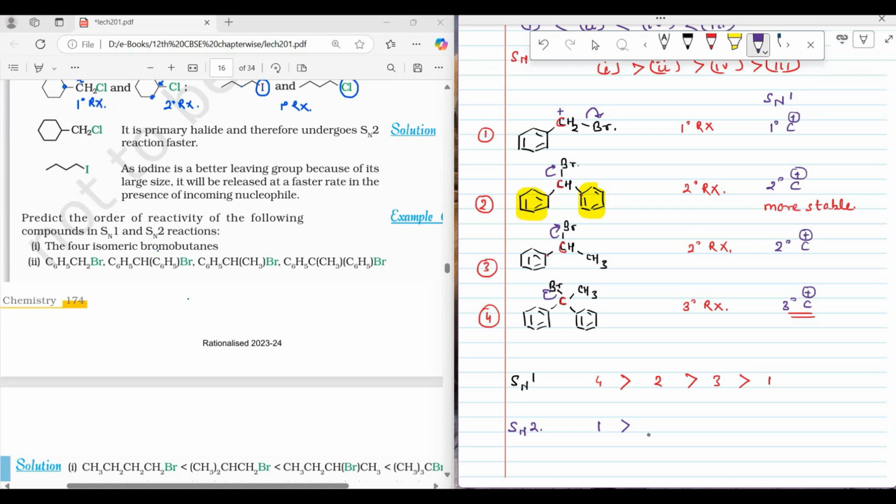But here in the third isomer there is one methyl group which makes the molecule less crowded. So the third compound will be less crowded. As it is less crowded, it will undergo faster SN2 reaction mechanism. So third comes first, then the second and fourth react least under SN2 reaction mechanism as it is the most crowded one.